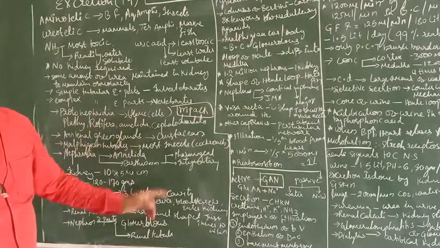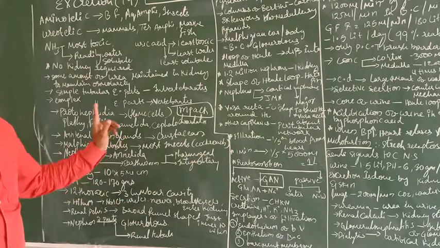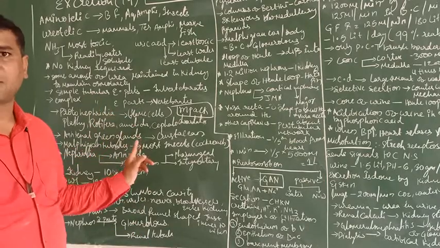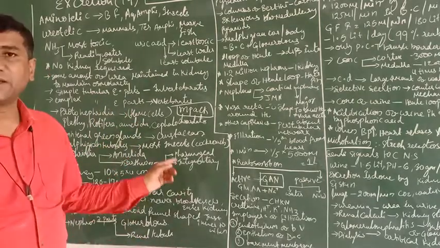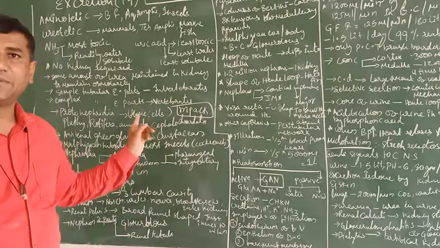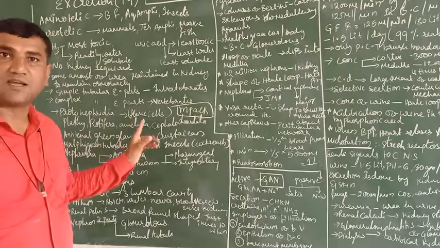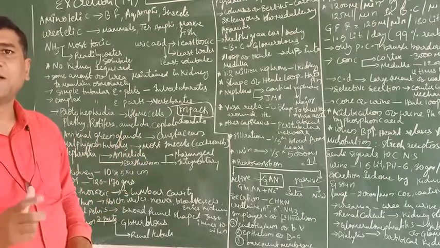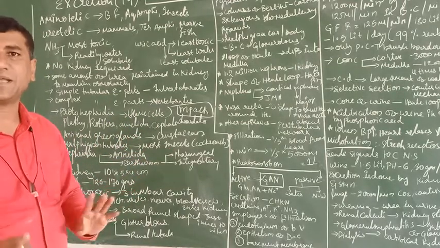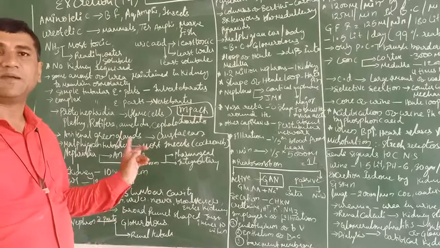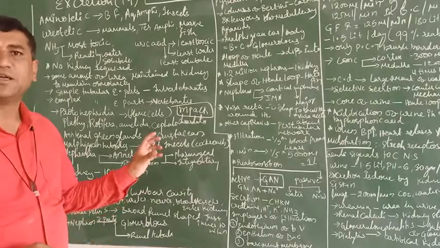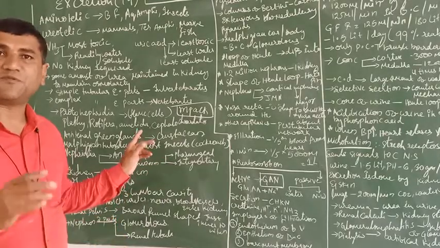Protonephridia is the primitive type of excretory organ, starting from the platyhelminthes and nematodes. These flame cells are the major excretory organs, looking like a flame, and they separate the excretory materials by a tuft of cilia.